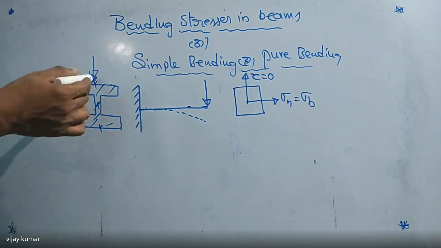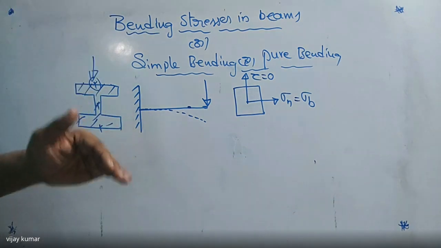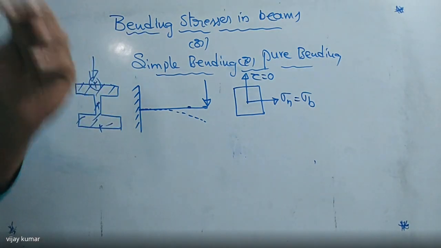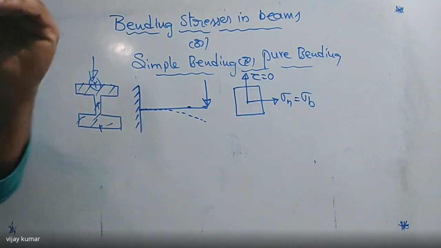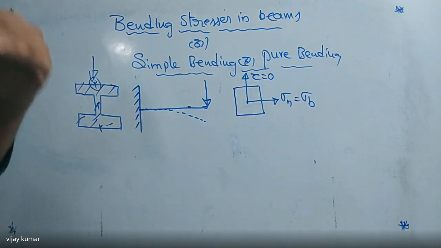Where the stress is maximum, at that point the component fails. So I want to design the component without failure, so I want to increase the strength at the point where the failure occurs. First of all, I want to find where the bending stress is maximum, where it is minimum, and where it is zero.